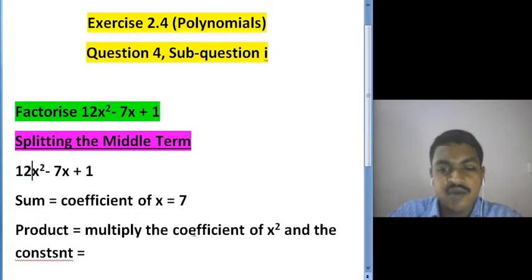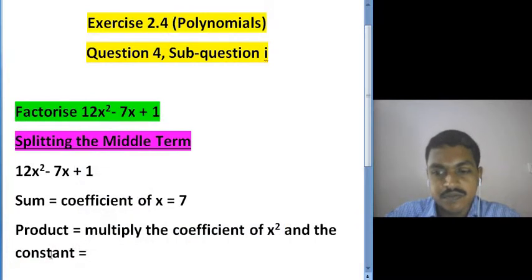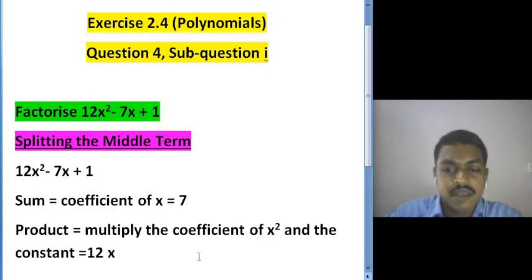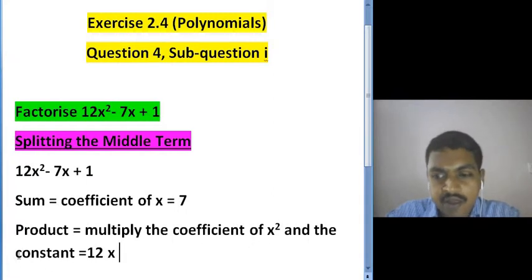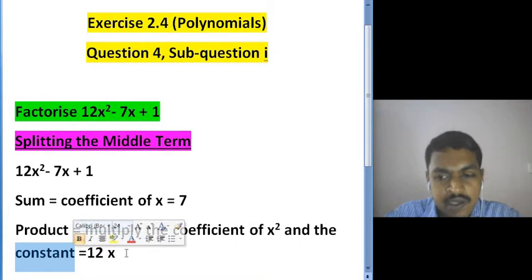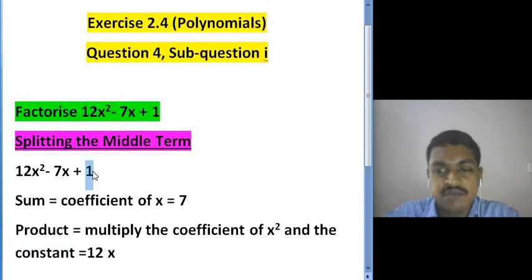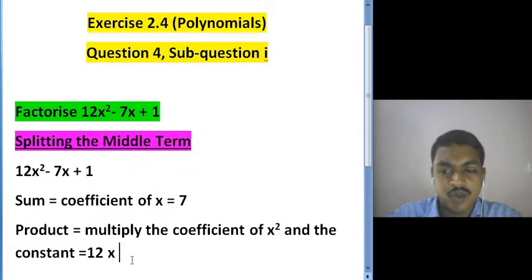So that is 12 times the constant. Constant is nothing but the term that is with neither x square nor x. Your constant here is 1. So 12 times 1 is 12.